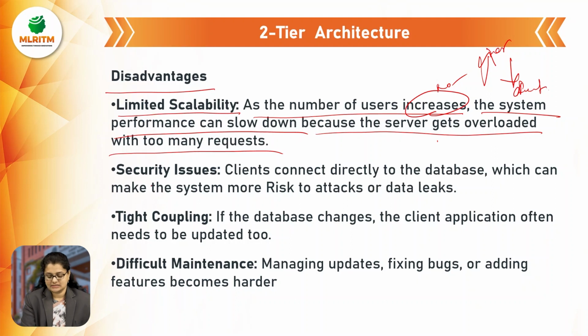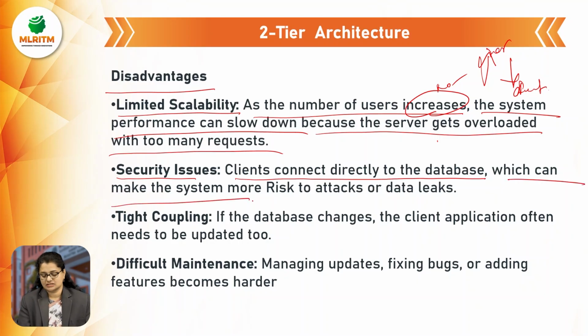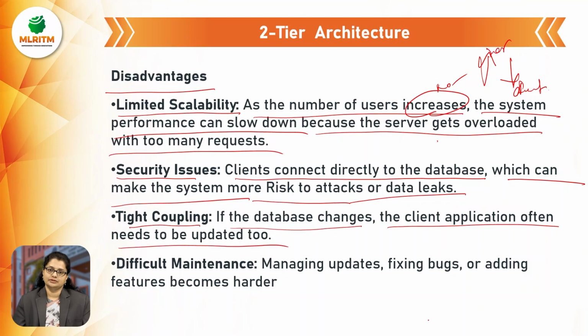Security issues. The client connects directly with the database, which makes the system more at risk of attacks and data leaks. So here the client is directly connected with the database. Sometimes it is very risky and we can also lose the data. Tight coupling. If the database changes, the client application also needs to be updated.